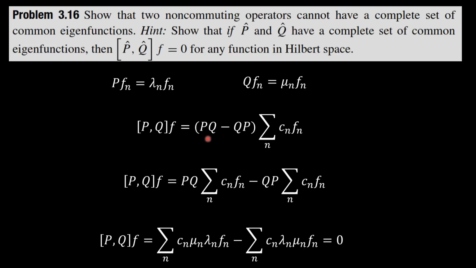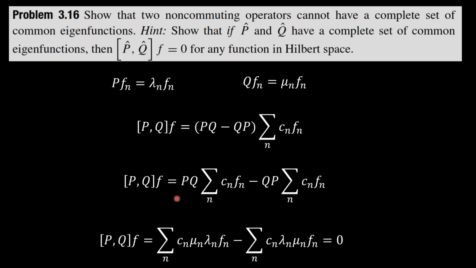Now you can separate this into two: pq acting on the summation over n of c n f n, minus qp acting on the same, where c n is the expansion coefficient.